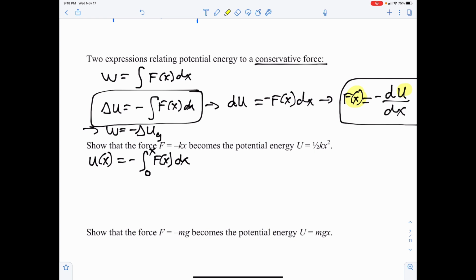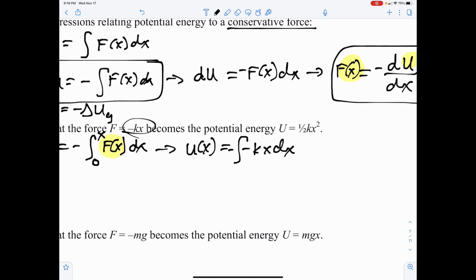Then I'm going to replace that with my function for the spring force. So U of x is equal to the negative of the integral of negative kx dx.